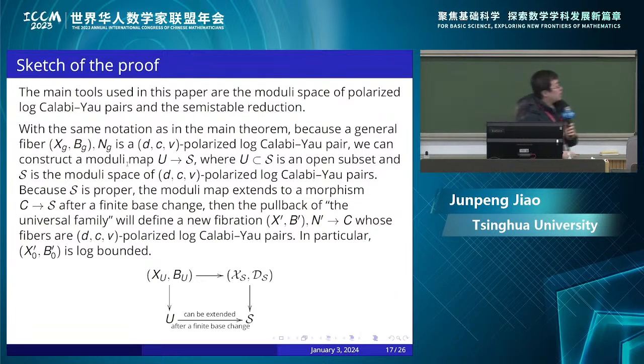Because we only assume the general fiber is a DCV polarized Abel pair, the moduli map is only defined over an open subset of C. But we can extend this moduli map to make it a morphism from C to S. Then consider the pullback of the universal family. The moduli of DCV polarized log Abel pairs is a coarse moduli space, so there is no universal family.